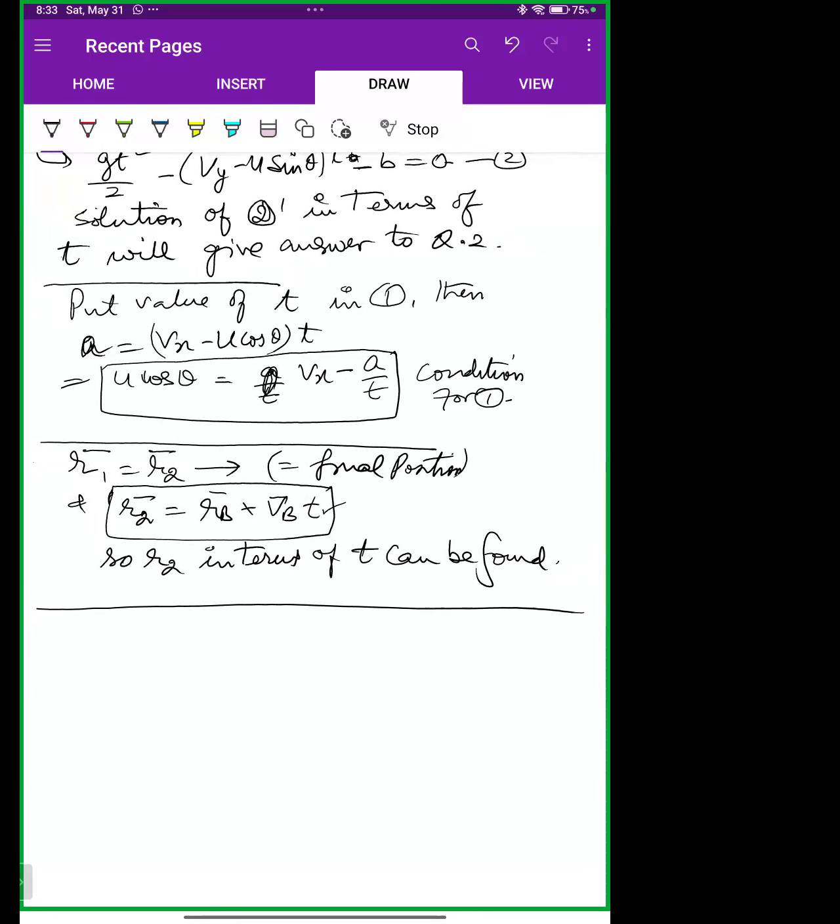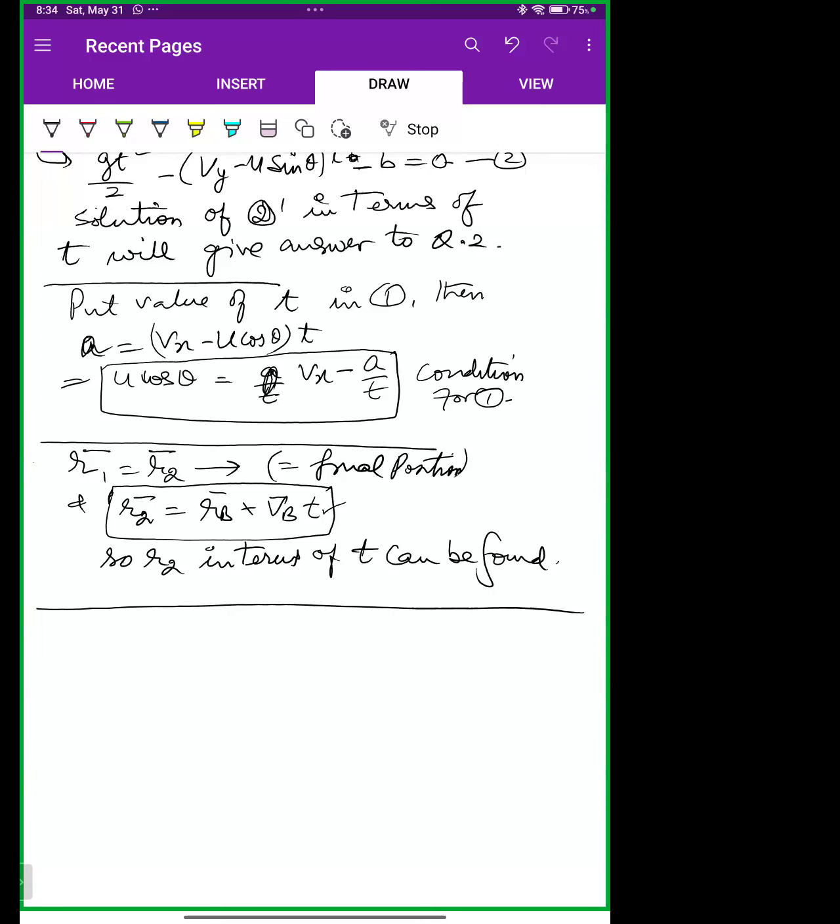One more request: whenever you send a question, you should not just send that part where you are facing problem. You should also state whether a single option is correct or more than one option is correct. Otherwise it gets confused. Then I feel as if only one option is correct, but here two options are correct.